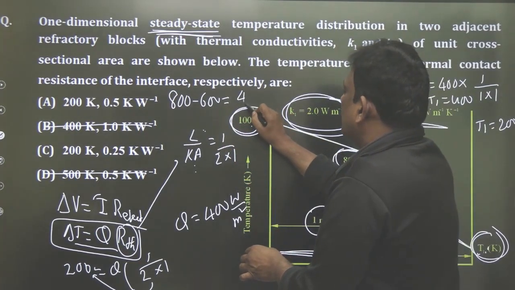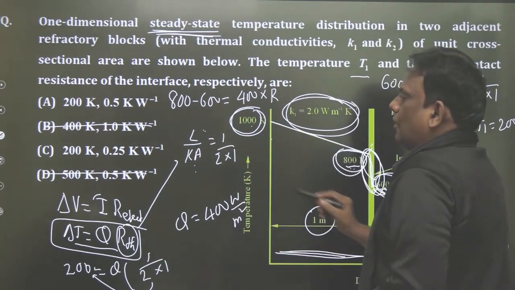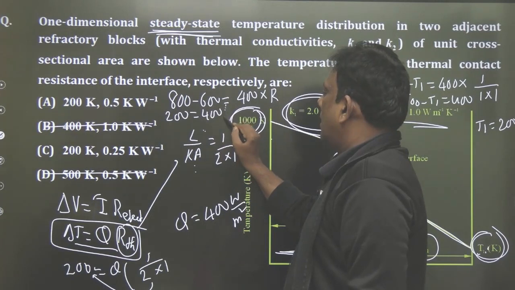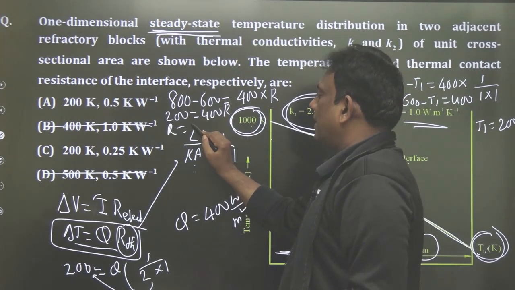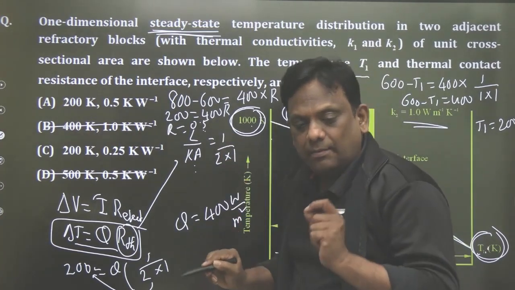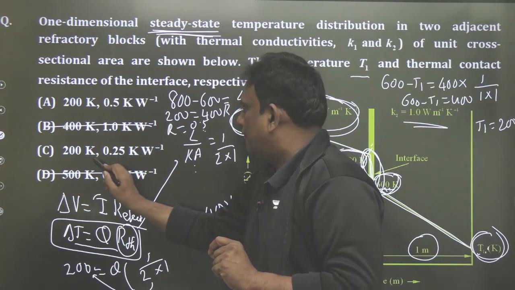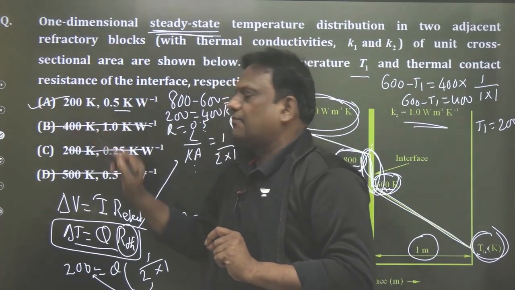Already Q is 400, into R. Delta T is Q into R. Now this is 200 and this is 400 into R. And you will get R as 200 by 400. It is 1 by 2, which is 0.5. So the thermal contact resistance is 0.5. 0.25 is wrong. 0.5 is correct. This is the first answer.